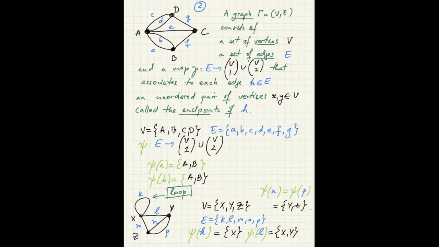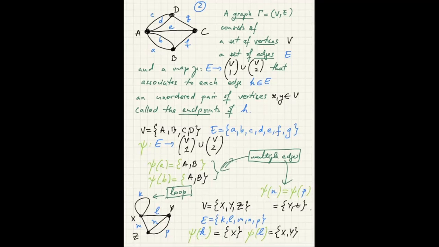And two edges, like in the case above, where you have a and b, are called multiple edges. The situation is that you have two edges that have the same set of endpoints. So these are multiple edges, the same thing as here, with n and p.